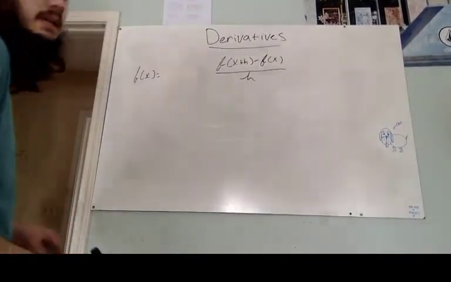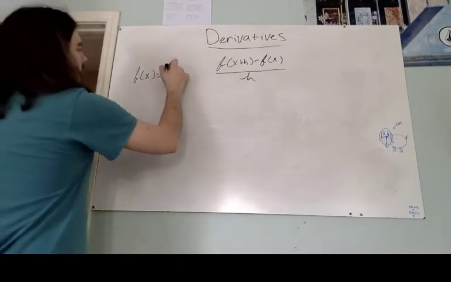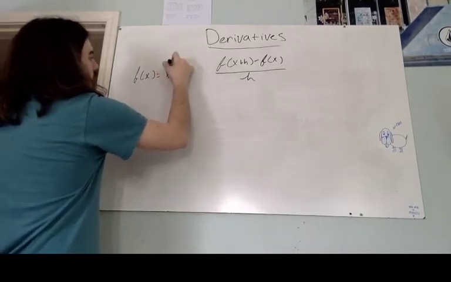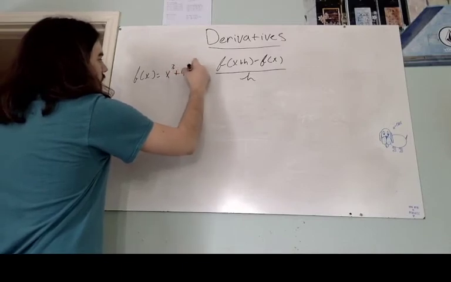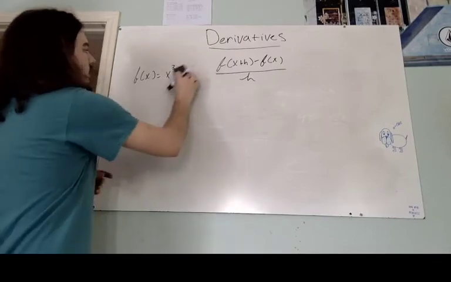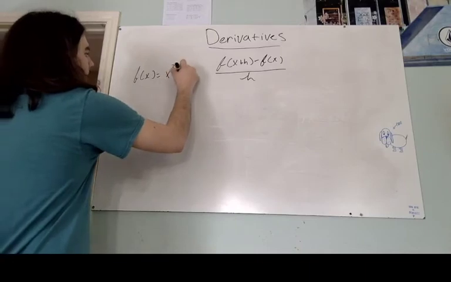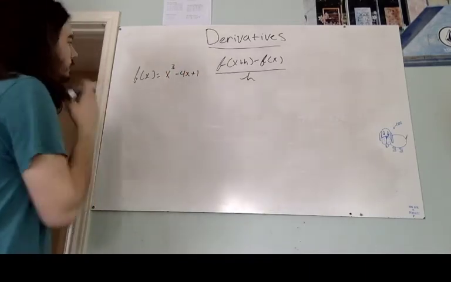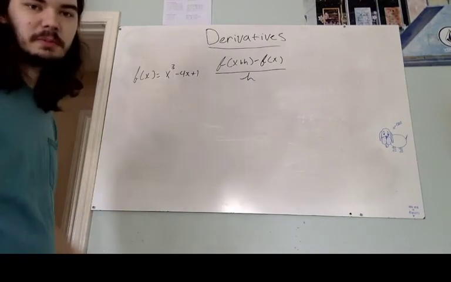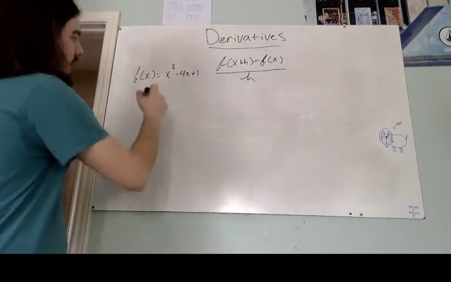So let's take another function. Why don't we make it something like x cubed minus 4x plus 1. I'm not going to do all the expansion for you here because that would take a while, but this is the idea.